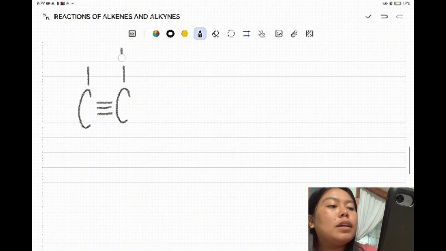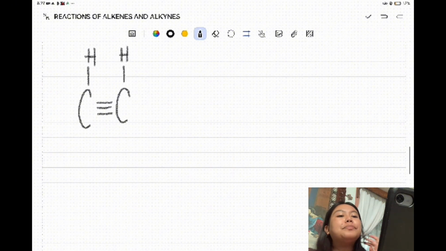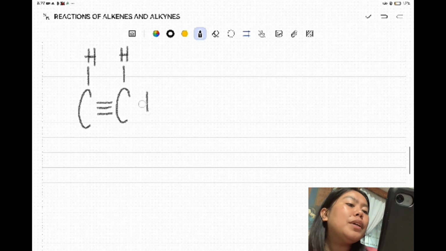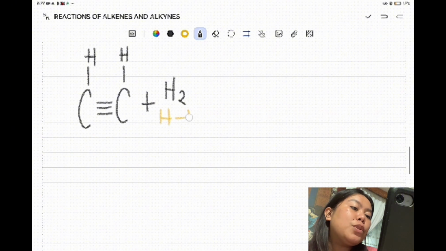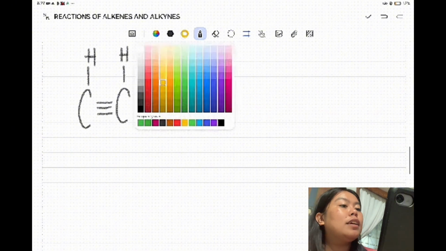So, H to H. Now we add H2, in structural form H to H, two hydrogens.